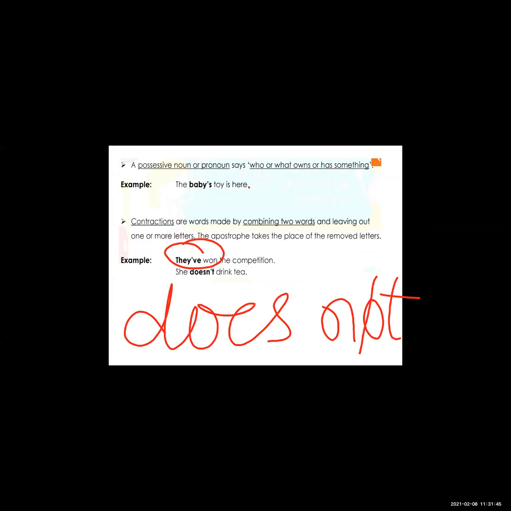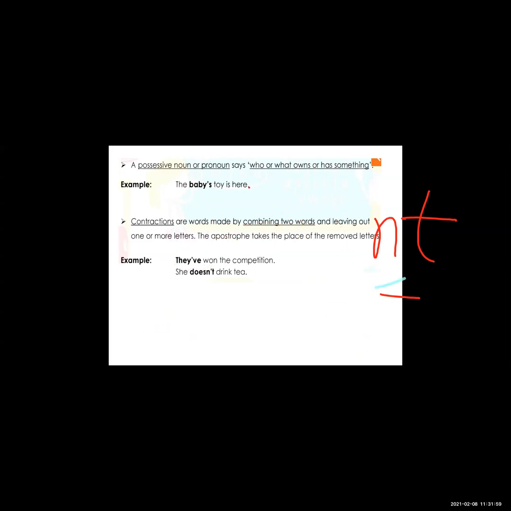This O we are replacing with the apostrophe, and we make a new word, the contraction of does not, that is doesn't. So what is our rule? Contractions are words made by combining two words and leaving out one or more letters. The apostrophe takes the place of the removed letters.